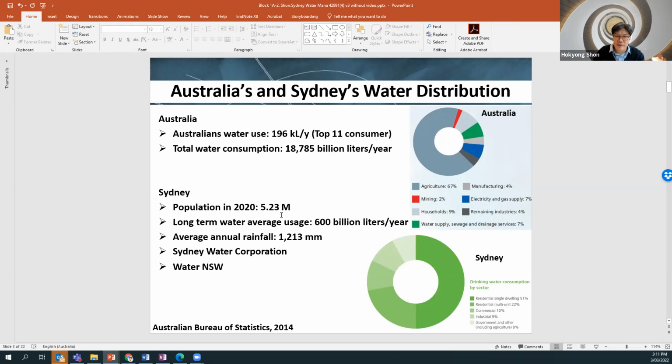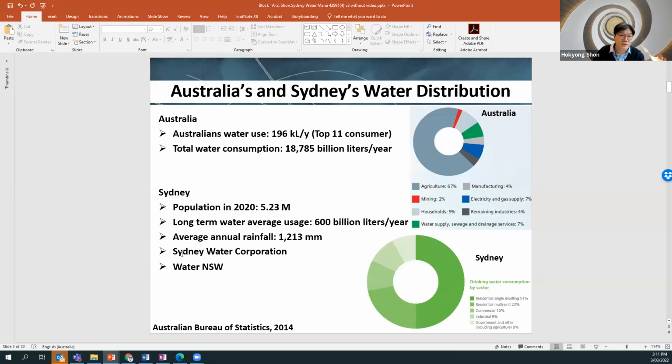And the Sydney population is 5.23 million, and the long-term average water usage we need is 600 billion liters per year. The average rainfall this month looks very difficult to predict.